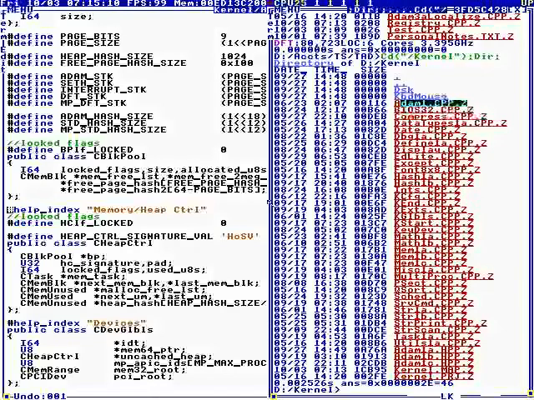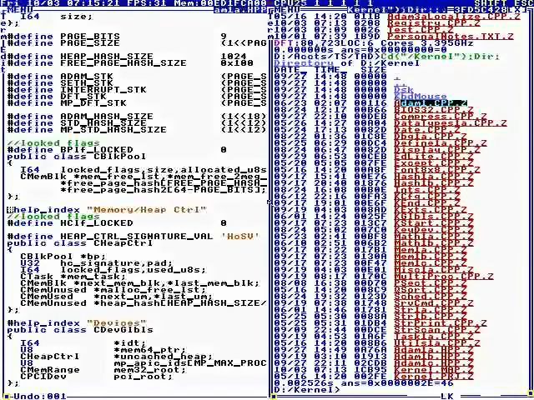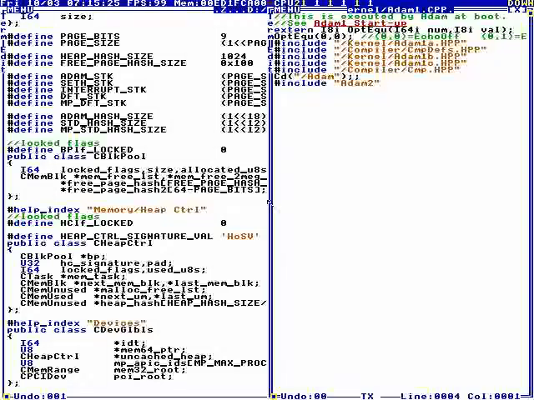Atom 1 is this C++ file, and it includes the headers Atom 1A, 1B, and 1C. So it starts compiling Atom 1, and that includes 1A, 1B, and 1C.